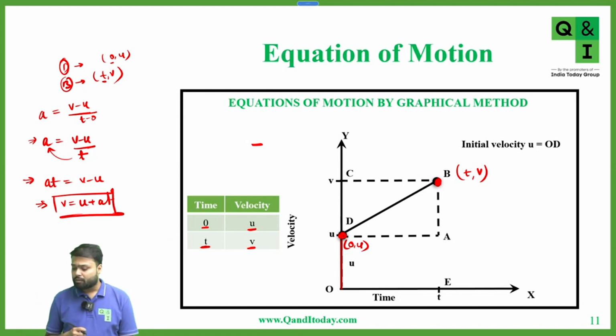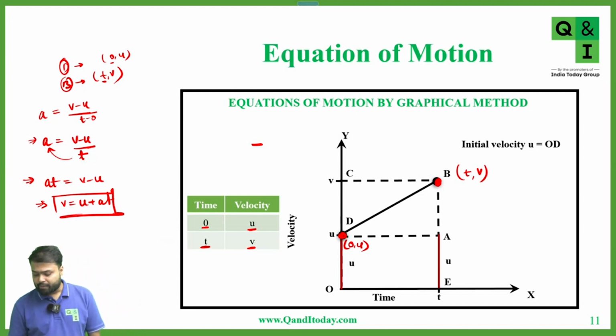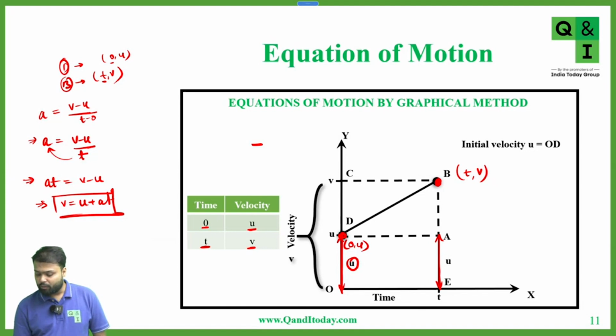Yes? Okay. Now you can see here, from O to D, this distance is u. So we can say the distance from A to E is also u, because the distance from O to D and E to A is the same. Now this whole distance from O to C is the velocity v.